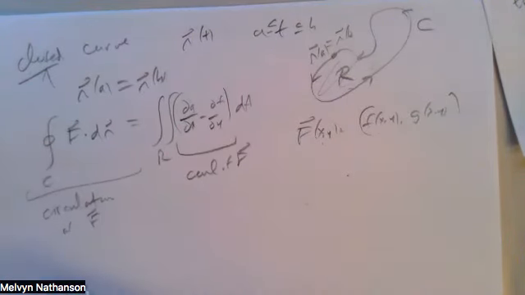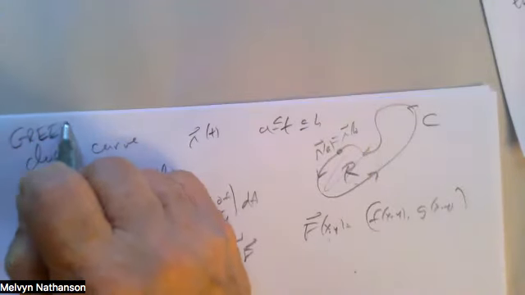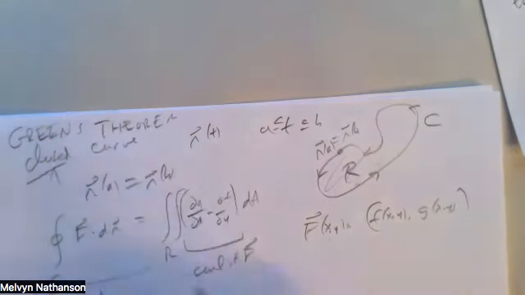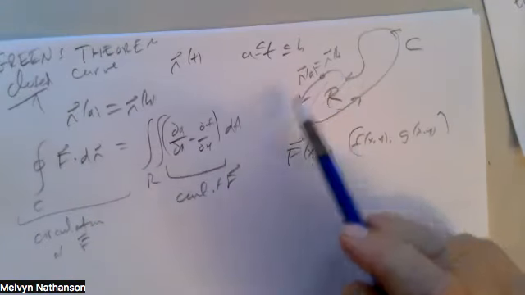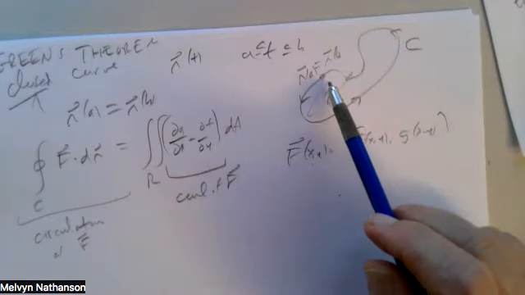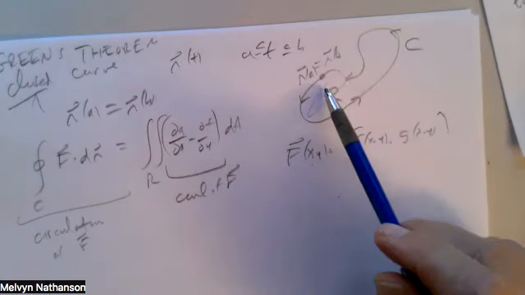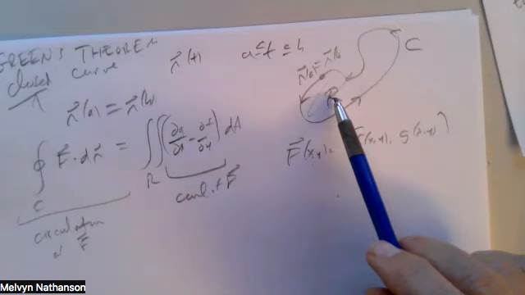So this is Green's theorem. The first form is the only form I think we're going to consider. So Green's theorem says if you have the integral of a smooth, nice vector field, which is defined in some region containing the curve, the integral around the curve is the double integral of the curl of the vector field in the region inside the curve.